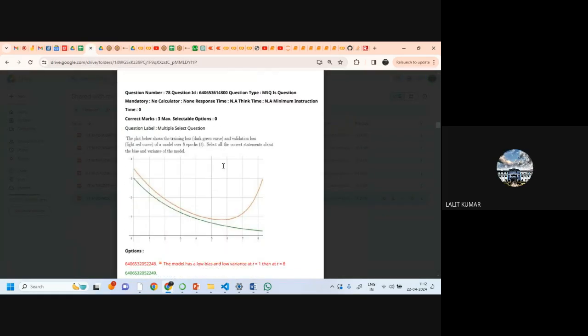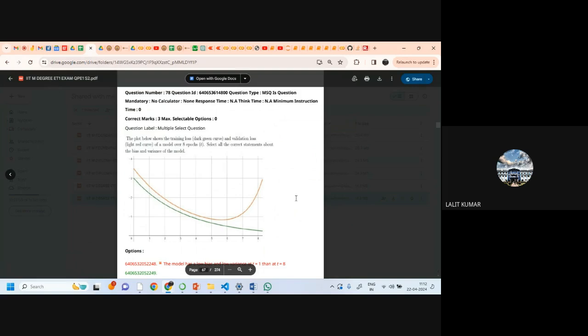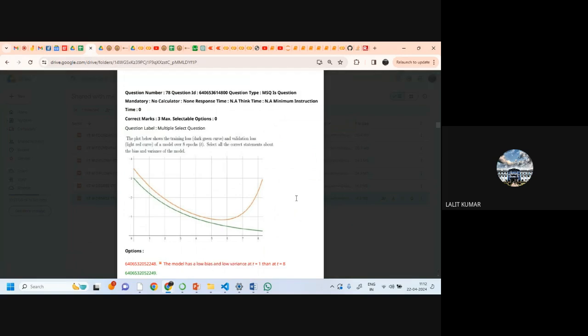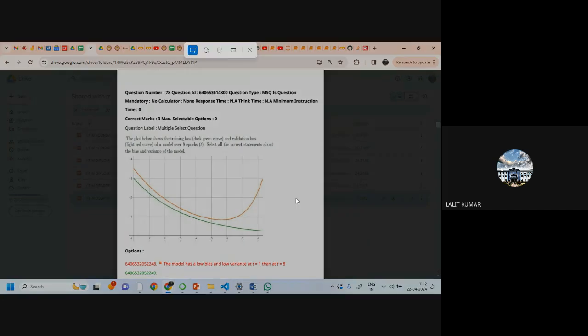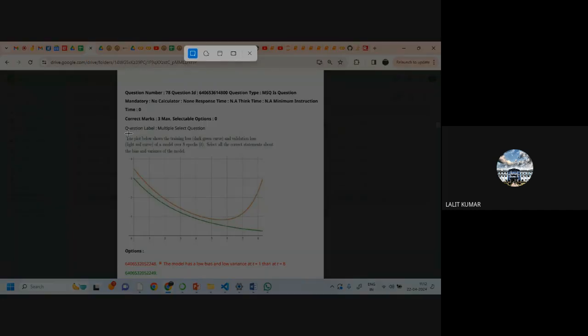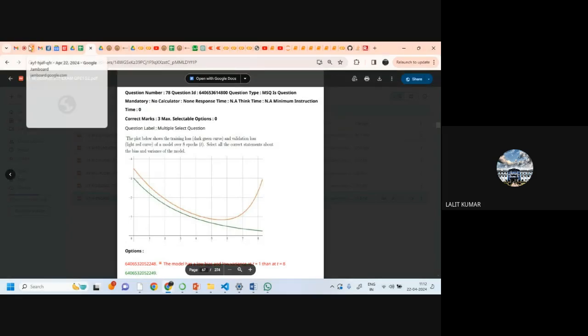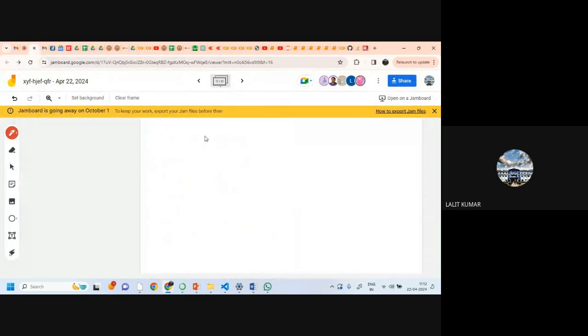Okay, this question comes from the understanding of, if I'm not wrong, the bias and variance. So this also we can do before seeing the answers.